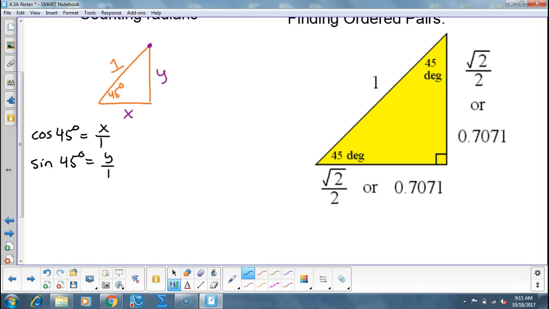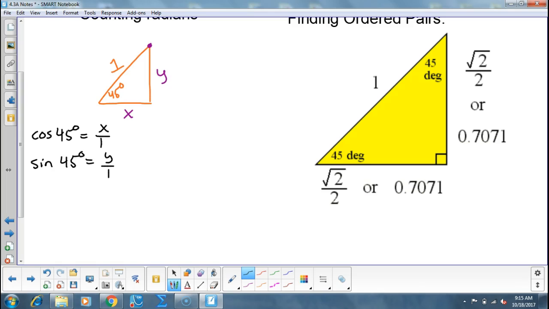What's another way? There are 2 other ways that I know of. Because this way, if I type this in on a calculator, that's just going to give me that 0.7071 stuff. But that's rounded. I don't want rounded. I want exact.